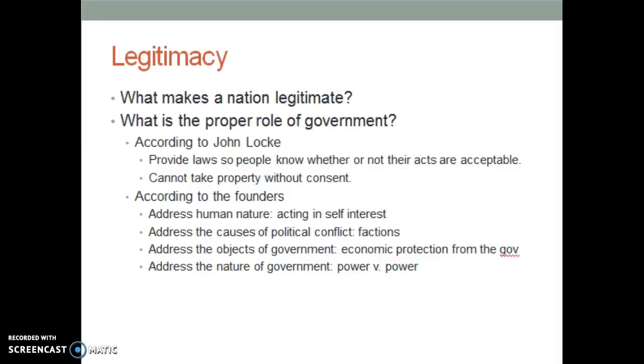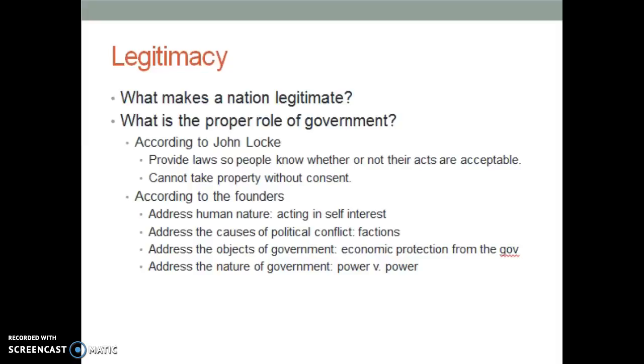And then we come to, well, what is the proper role of government? Hopefully you watched that video at the beginning of these slides, and that's kind of what the role of the Constitution is: to limit the government to its proper role of protecting the people from the government. According to Locke, the government's job is to provide laws that tell us whether or not our behavior is acceptable.